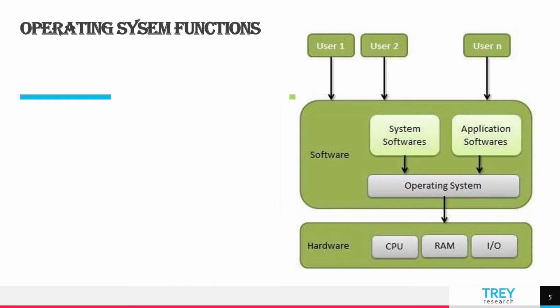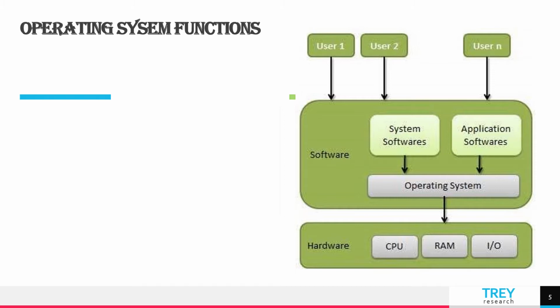There's also an operating system, and after the operating system, that's why we now have the hardware part. The hardware has the CPU, which is the central processing unit, and the RAM, which stands for random access memory. Then this IO is the input output devices.